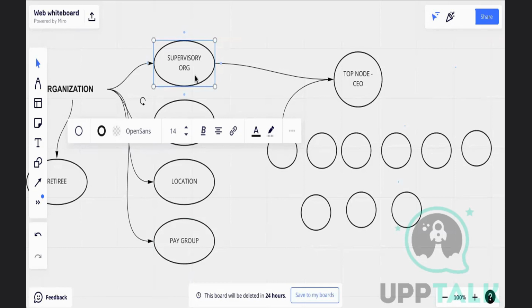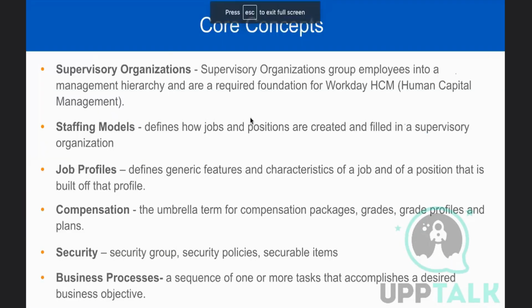It is meant to manage the employees, right? It's not to manage anyone outside the organization. It's built to manage the employees. So all that employee data put into a management structure is done using supervisory organizations. And it even says that supervisory organizations group employees into a management hierarchy.